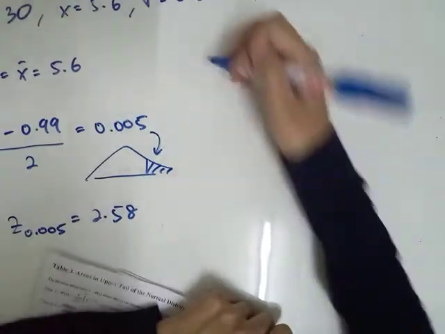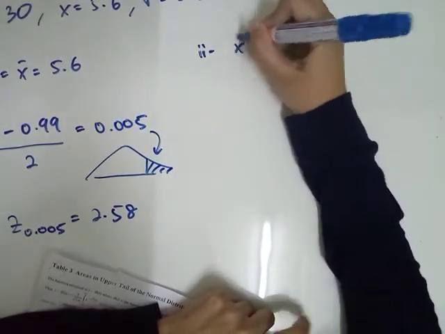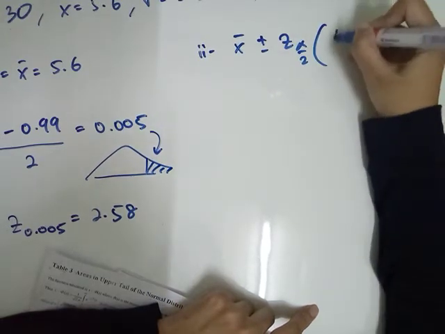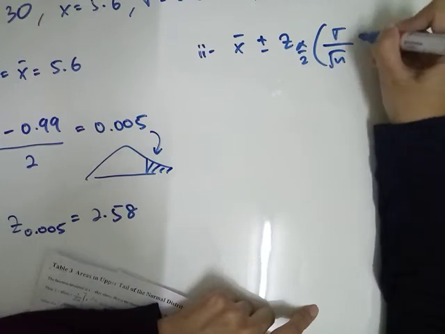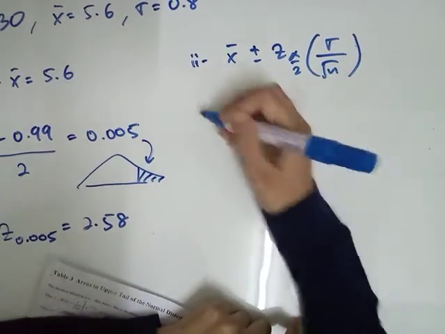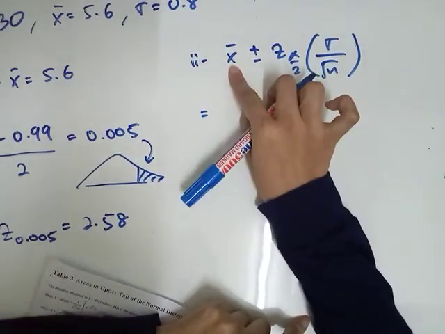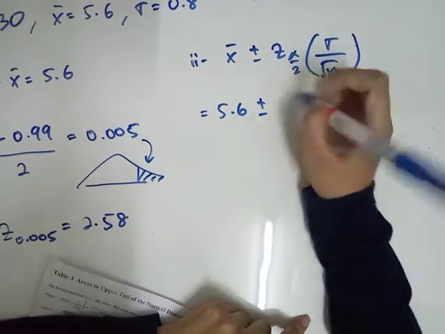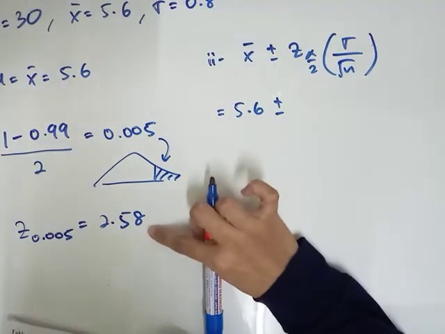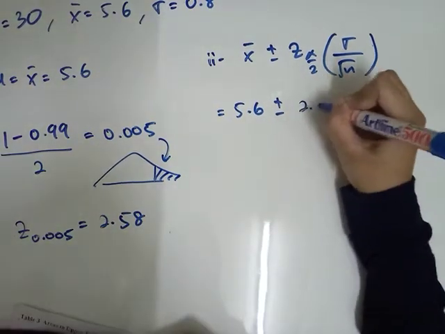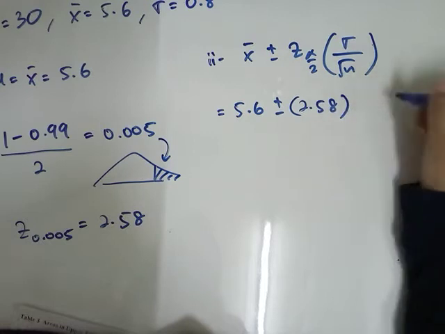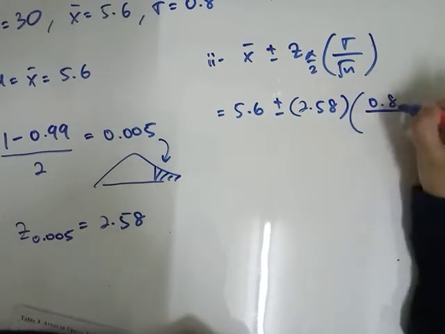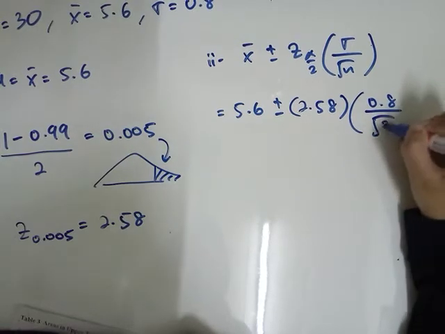And then the second step, use the formula x bar plus minus z alpha over 2 times standard deviation divided by square root n. Okay, we know that x bar is the sample mean, 5.6, plus minus z alpha over 2, which we have found, 2.58, times the population standard deviation, 0.8, divided by square root 30.